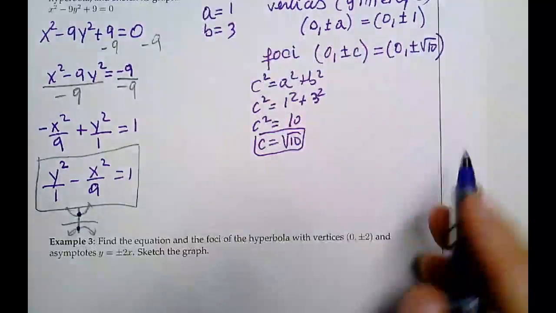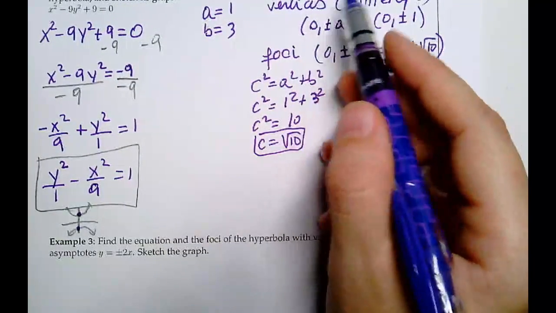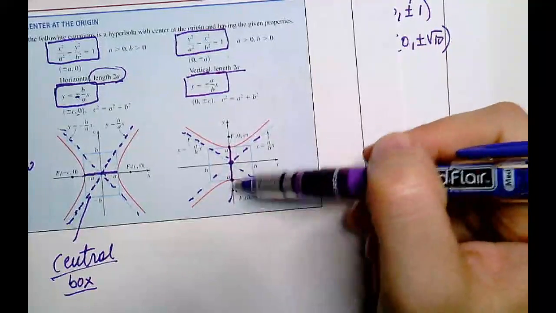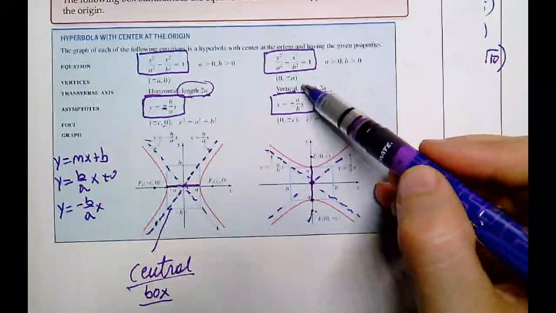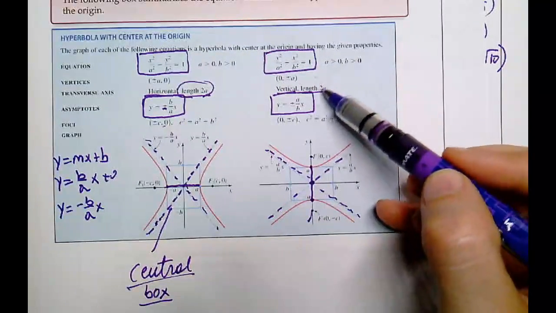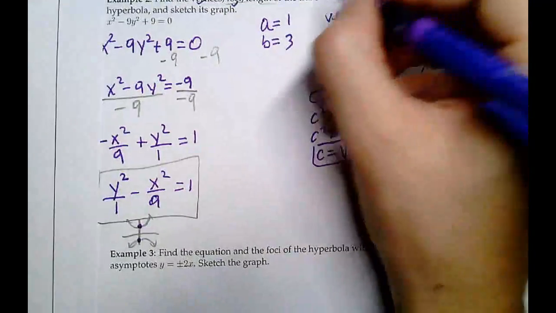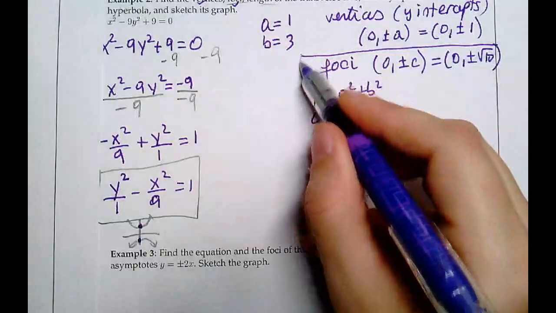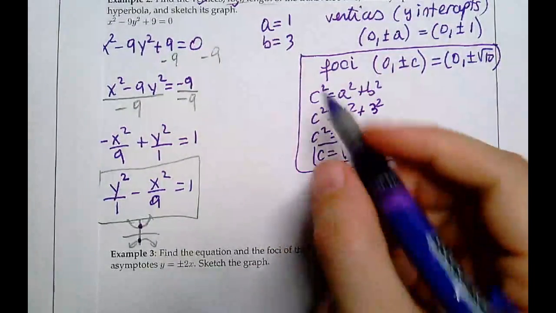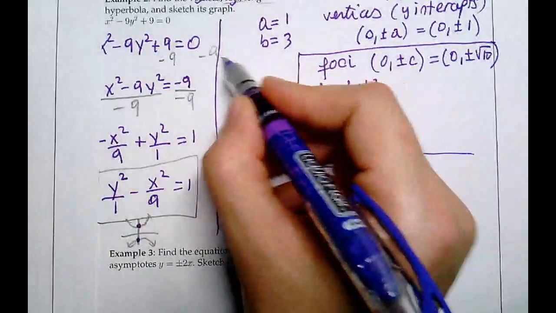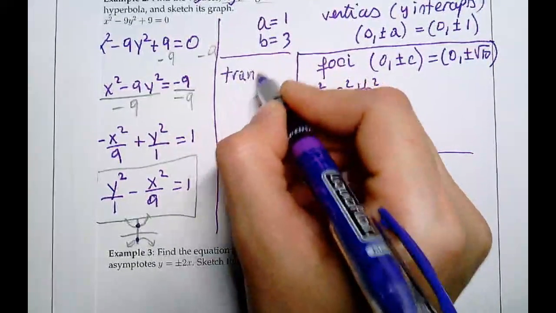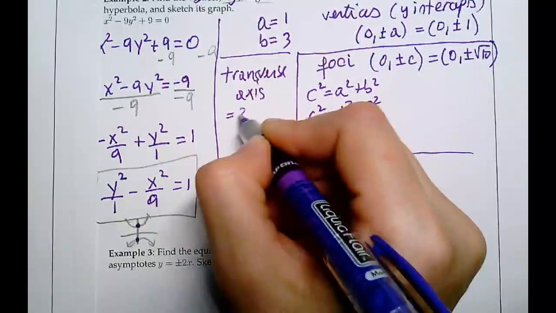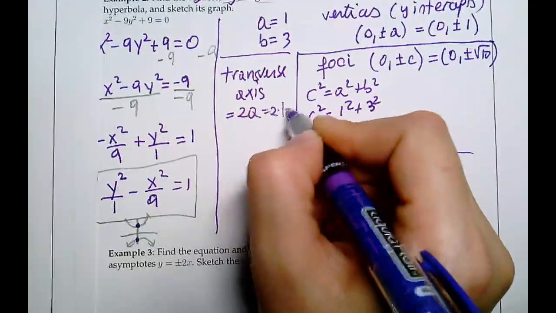Okay, what is the length of the transverse axis? The transverse axis is going to be this vertical length, and it's going to be 2 times a. So the transverse axis equals 2 times a equals 2 times 1, which is equal to 2.